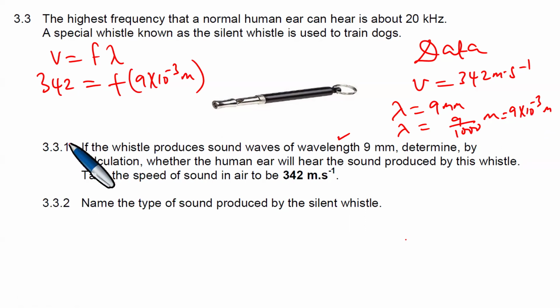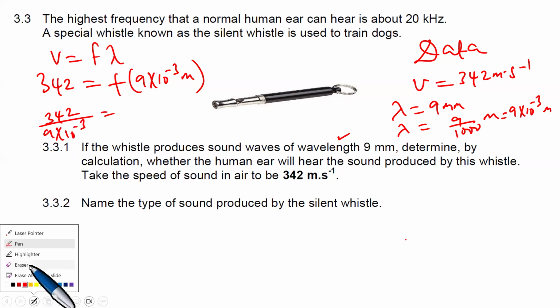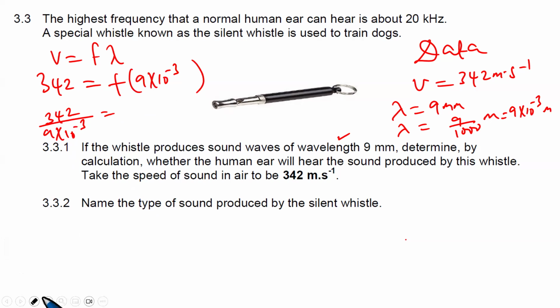So what do we do at this point? You transpose. We have 342 equals f times 9 times 10 to the minus 3.